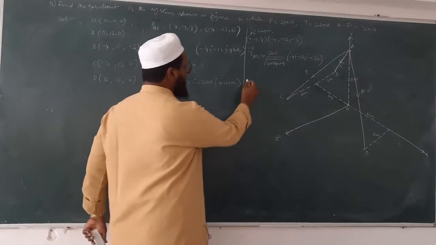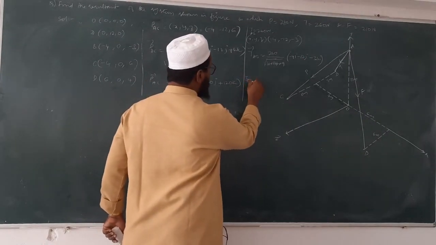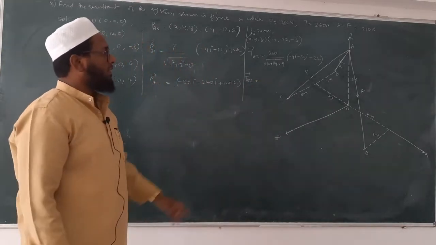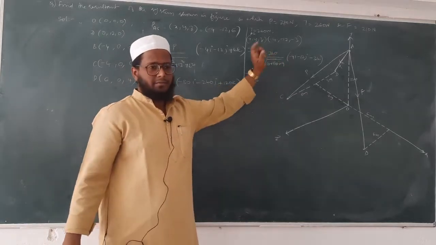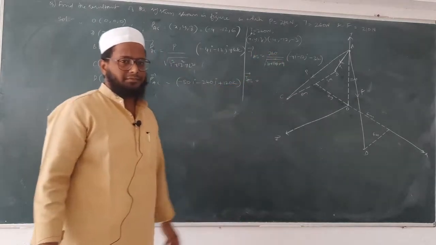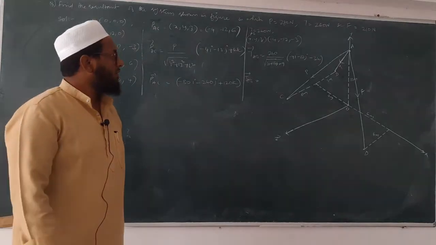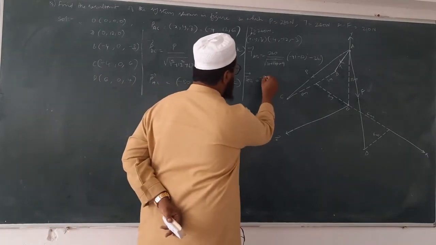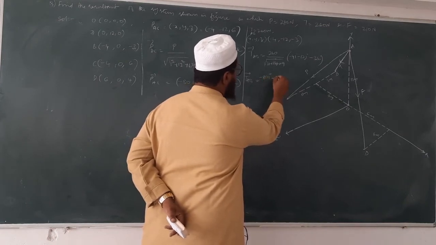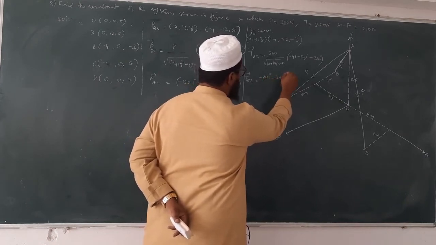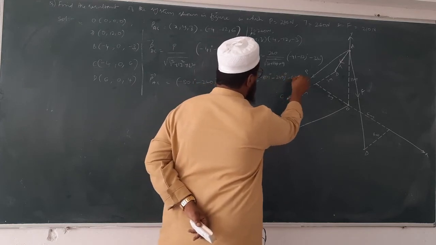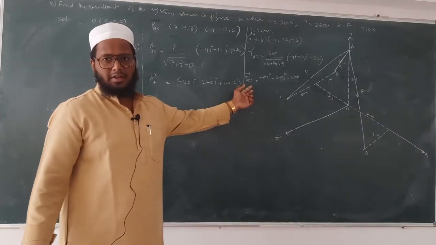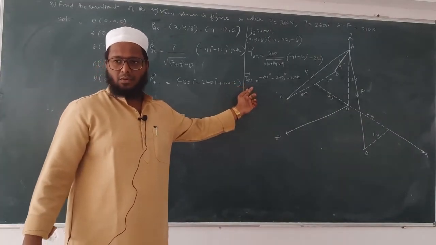Now solve this one and tell me the value. Final value I want. Minus 80i minus 240j minus 60k. We got the force vector for T, which is passing from A to B.